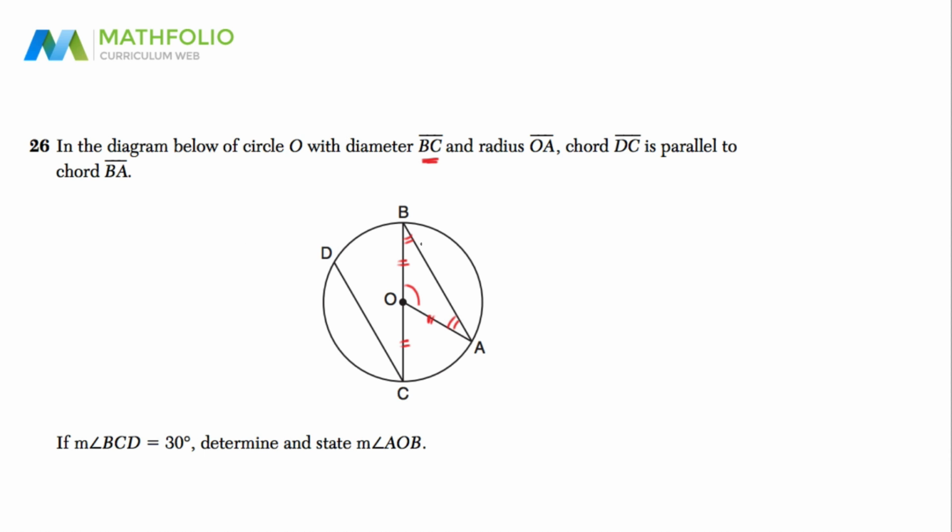D to C is parallel to A to B. So if this is parallel to this, we also know that this angle DCO must also be the same as OBA because they are alternate interior angles. So we're given more information. We just labeled a bunch already. So we're told that BCD, B to C to D, which was that last angle we were talking about, is 30 degrees. So if this is 30, this must be 30, and if that's 30, this must be 30.